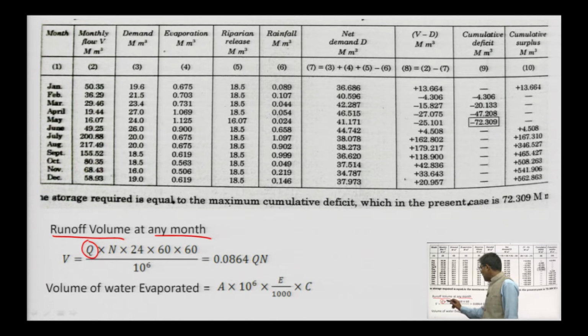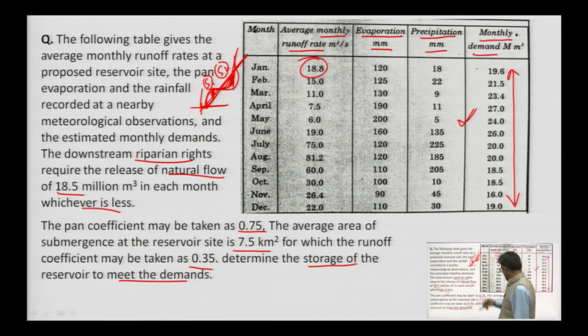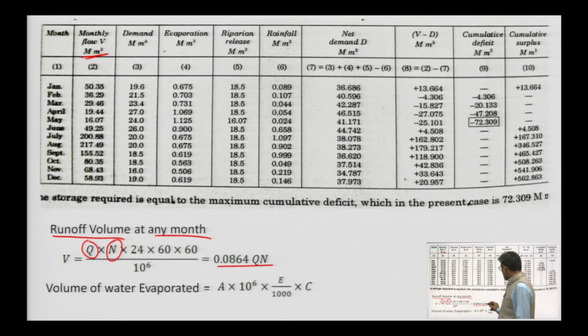The runoff volume for a month in million cubic meters can be calculated as 0.0864 Q into n, where Q is given and n is the number of days.